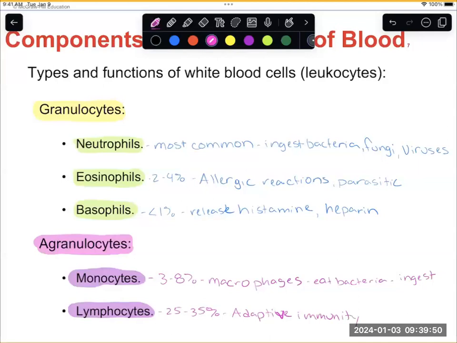So they're the ones that can specialize to that specific virus or bacteria that's come into your system, and they can kill that specific virus or bacteria. They are what become your T or B cells. These are those specific immune responses.